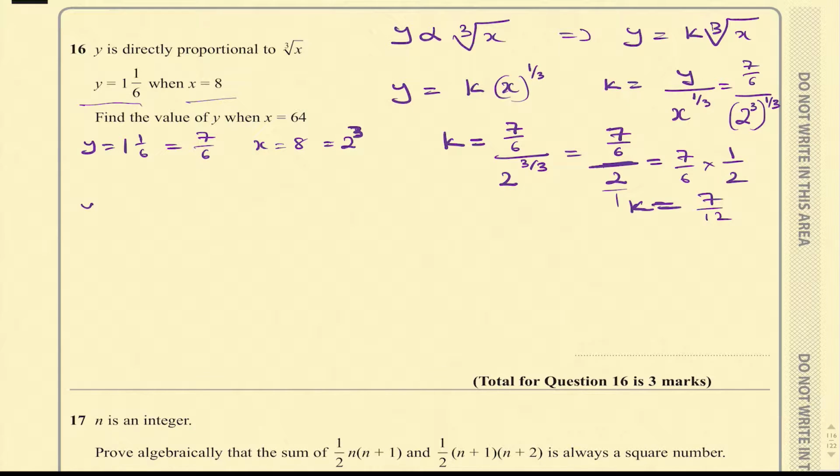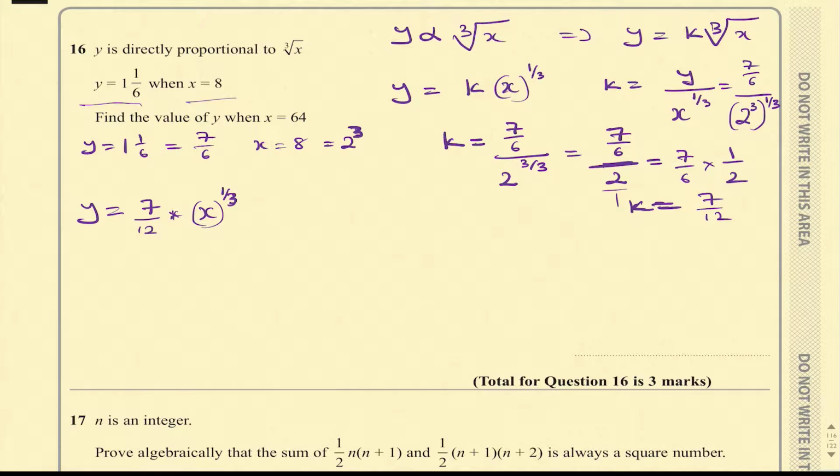Now we need to find y when k is 7/12. So 7/12 times x to the power 1/3. That's the proper equation now. So I'll put k back into the equation, and then I can now use that equation to find y when x is 64.